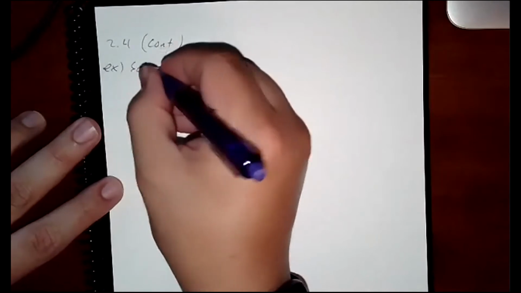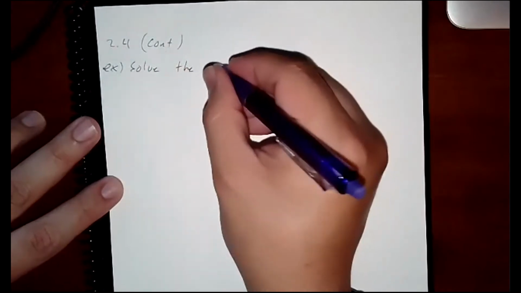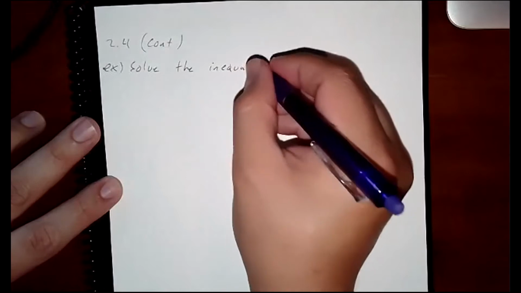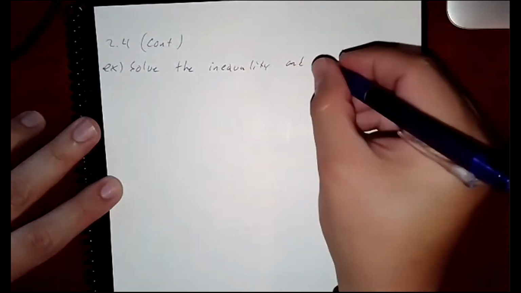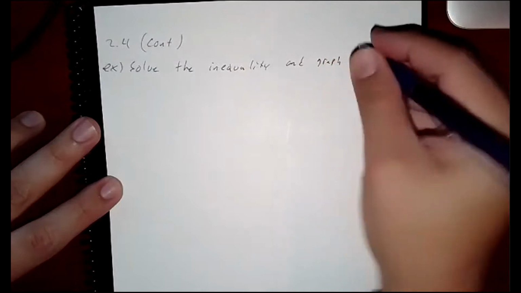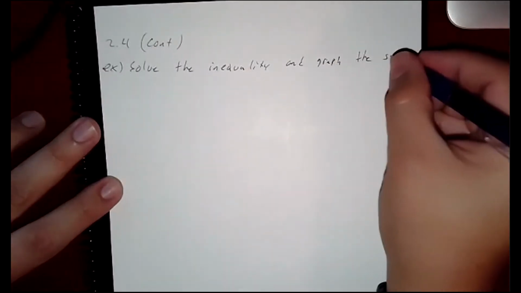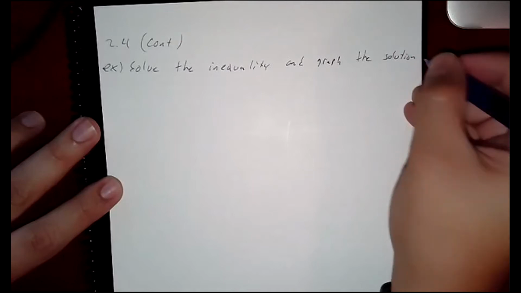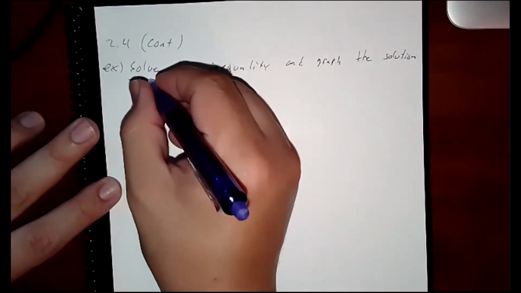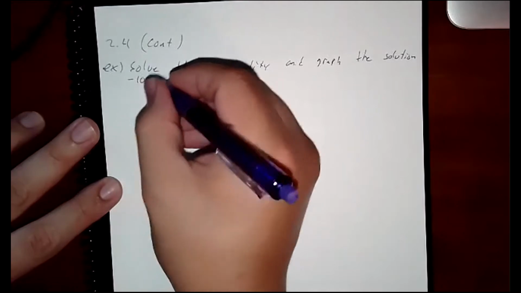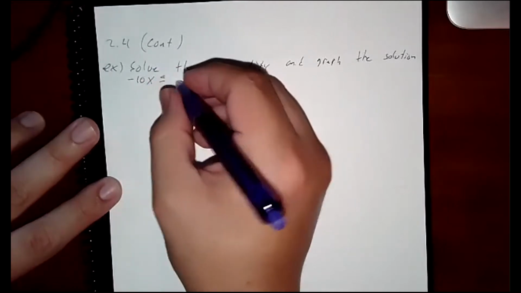Solve the inequality and graph the solution. Negative 10x is less than or equal to negative 30.